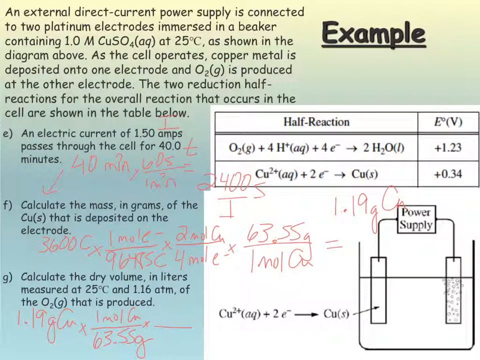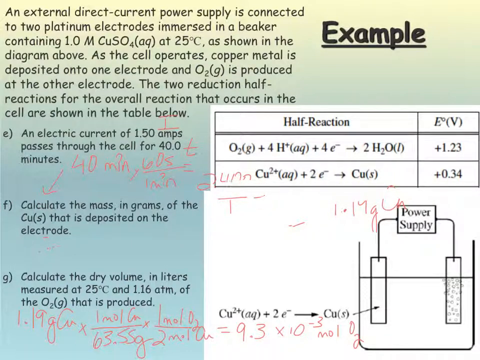Then I'm going to look at my mole-mole ratio from my balanced equation. It looks like I had 2 moles of copper for every 1 mole of O2, which gives me 9.3 times 10 to the negative 3 moles of O2.